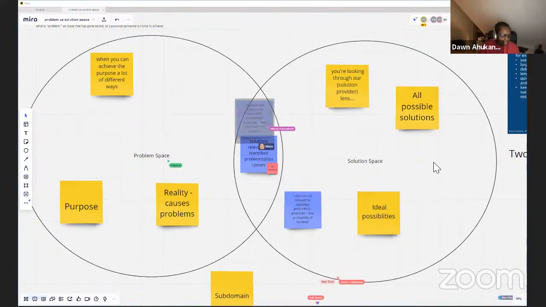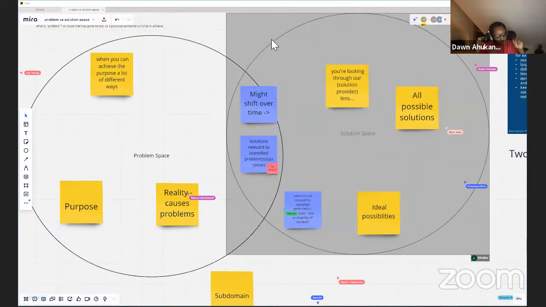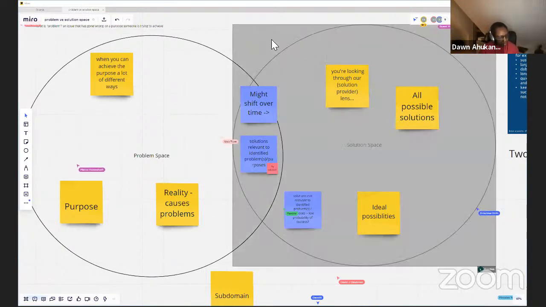So I almost want to draw this in 3D, but I can't do it in Miro. I think that the subdomain is a subset of related problems that you're promising to address with your solution, and you're linking them directly. So you say, I cover that little red square area of that possible set of solutions that are relevant to that whole problem area.